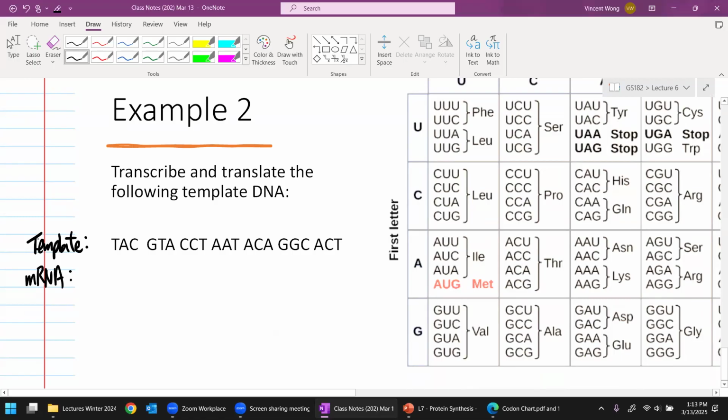Okay, in one word, tell me what's the relationship between template and mRNA? Complementary, right? Complementary. So that means this one is going to be A, U, G, and then so on and so forth. Okay.